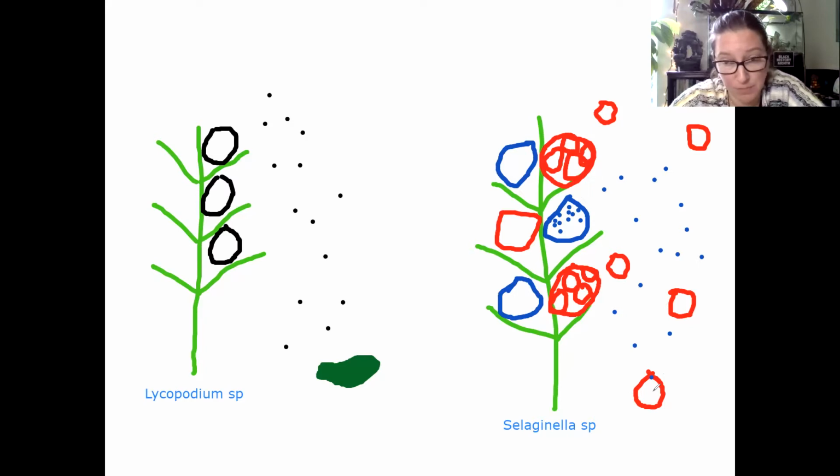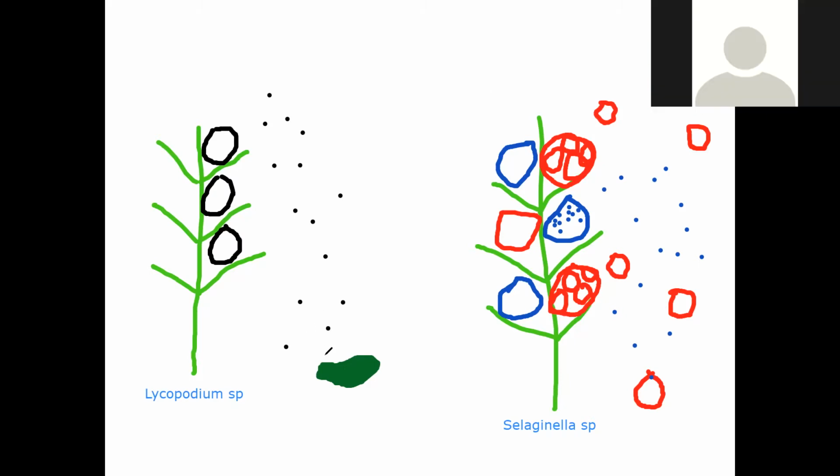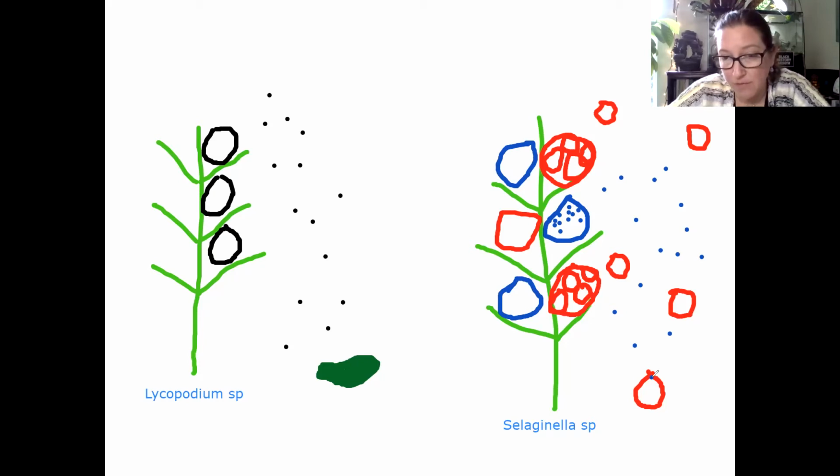The male gametophyte plant makes sperm. If the microspore that contains that gametophyte plant lands on the megaspore, and the megaspore contains a female gametophyte plant with an egg, the sperm from inside of the microspore, because that's where the male gametophyte plant is, can leave and fertilize the egg of the female gametophyte plant who's in that megaspore. And then when sperm and egg fuse, you grow a new Selaginella sporophyte.